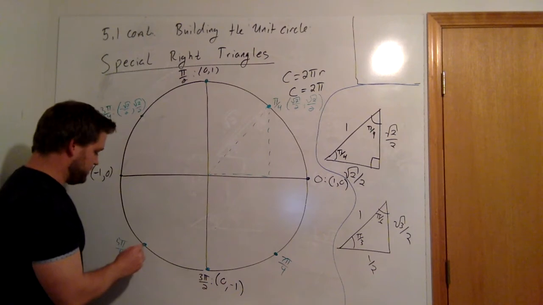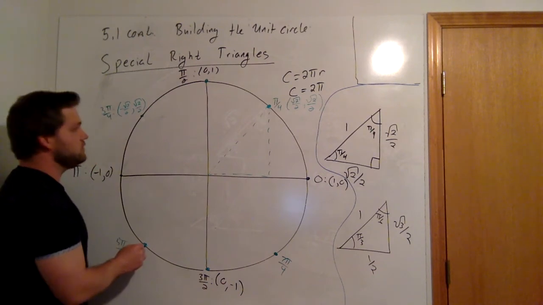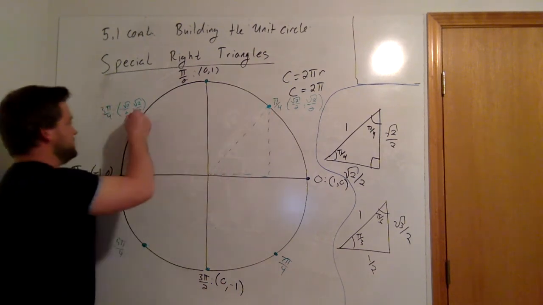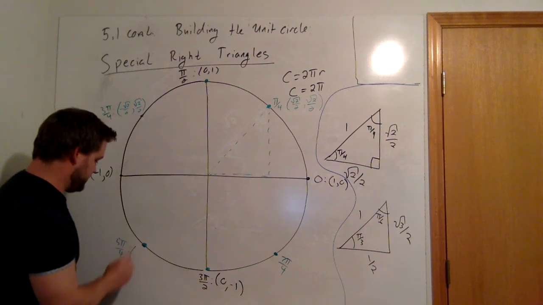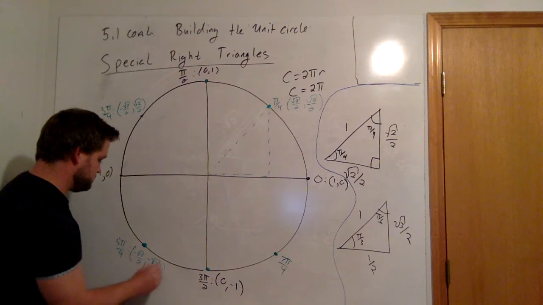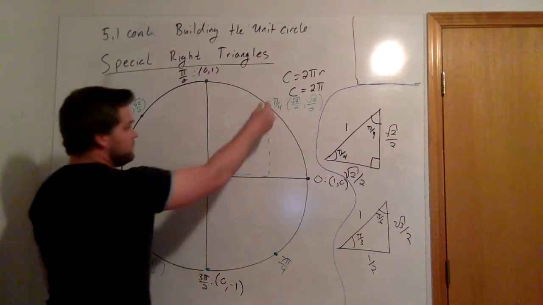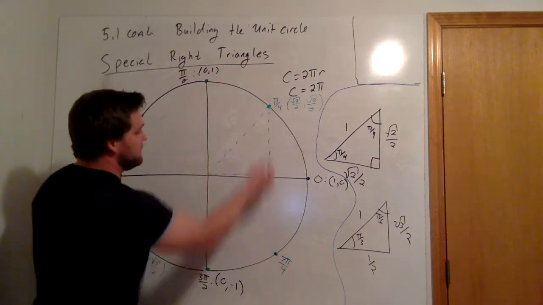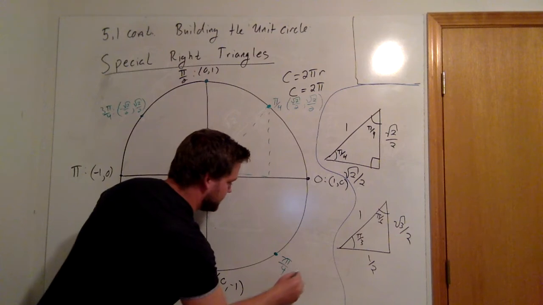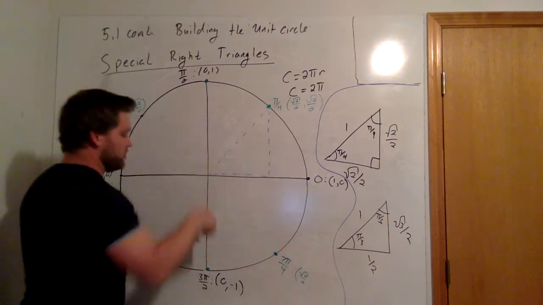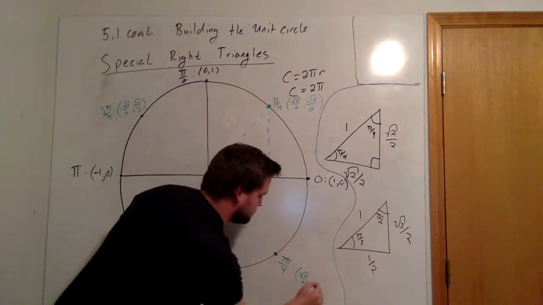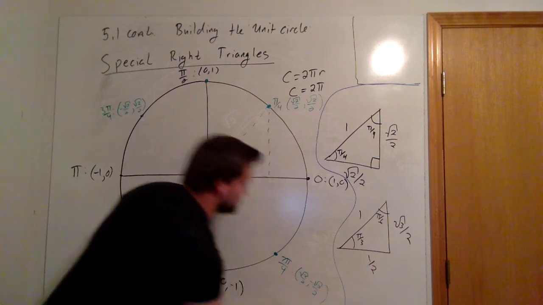If I'm thinking about this location right here, using symmetry, the x coordinate is still going to be negative, so I'll have a negative root 2 over 2, and its y coordinate will also be negative. And over here, using symmetry, this will have the same exact x coordinate, root 2 over 2, except now its y coordinate will be negative. Awesome.